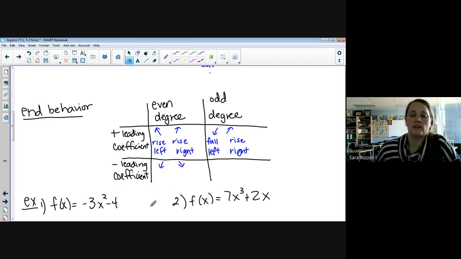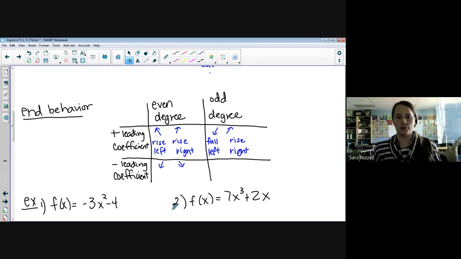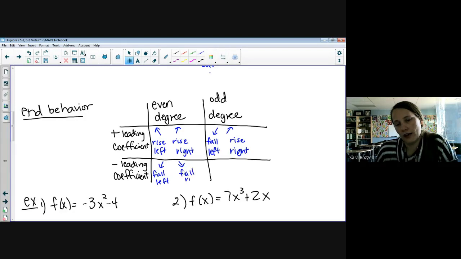So a negative in the front tells us our graph is going to be upside down from our normal one. All the ones we've drawn so far are just normal positive graphs. So the statements that would correspond with this would be to fall to the left and fall to the right.